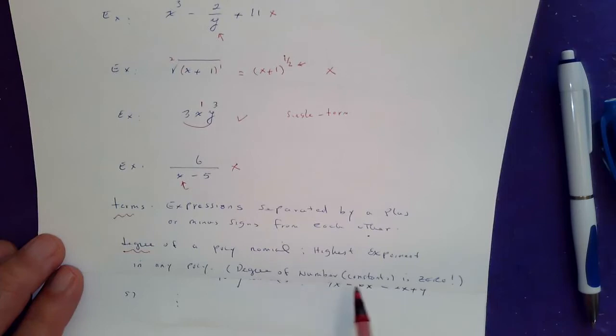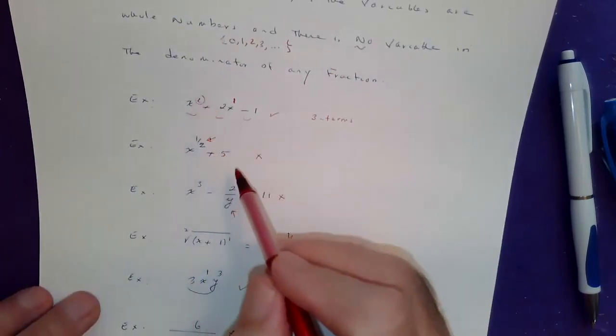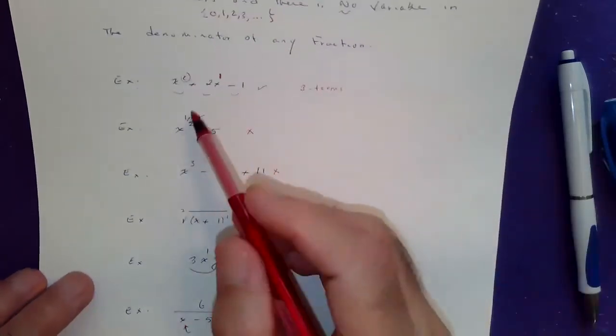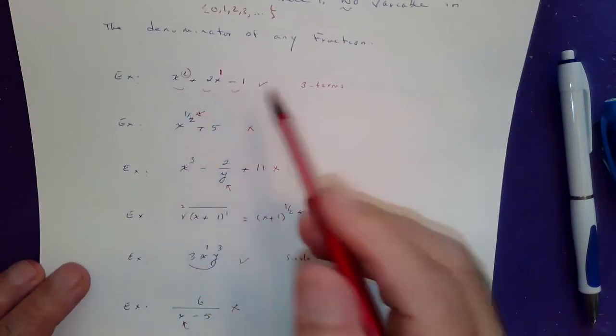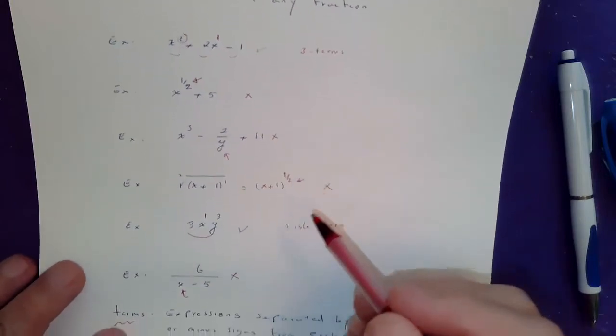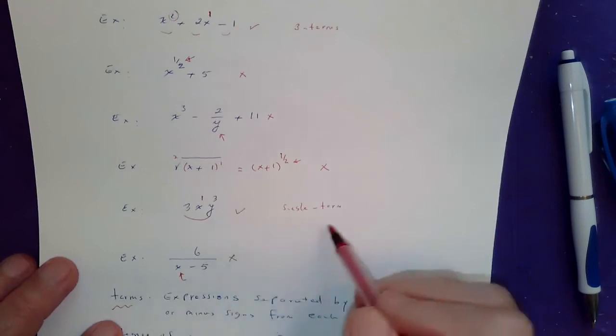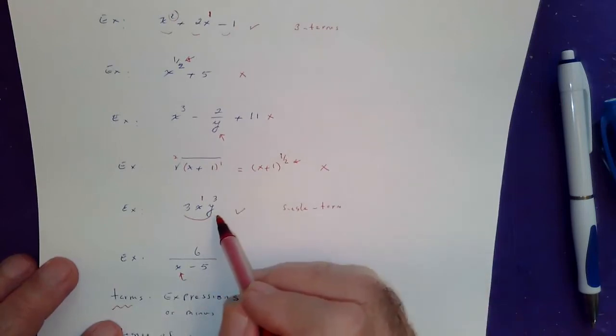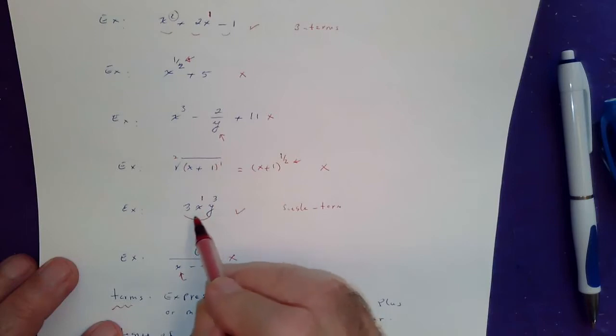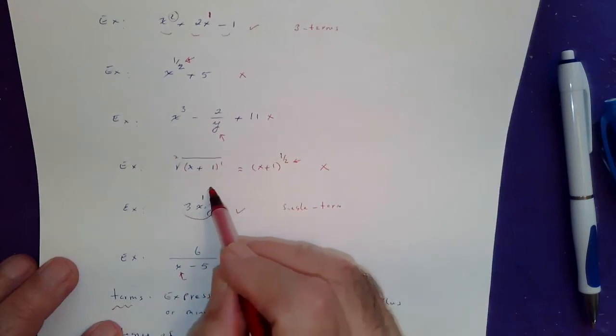The degree of a constant number happens to be 0. So the degree of this polynomial is 2. As a matter of fact, we're going to call this a quadratic expression. Now the degree of this polynomial, which is a single term called a monomial: when you have a product of 2 variables, you add the powers.